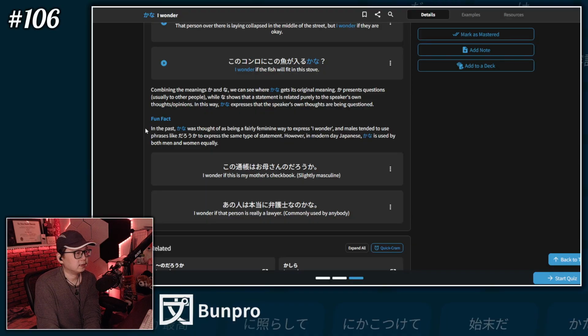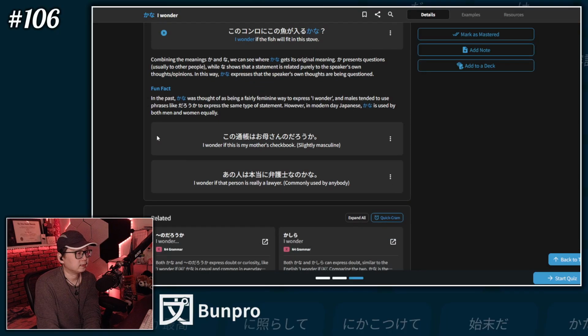However, in modern day Japanese, kana is used by both men and women equally, considering that it's a bit softer. Kana feels and seems softer than daro ka, or just straight up daro with confidence, I suppose, in confirmation.